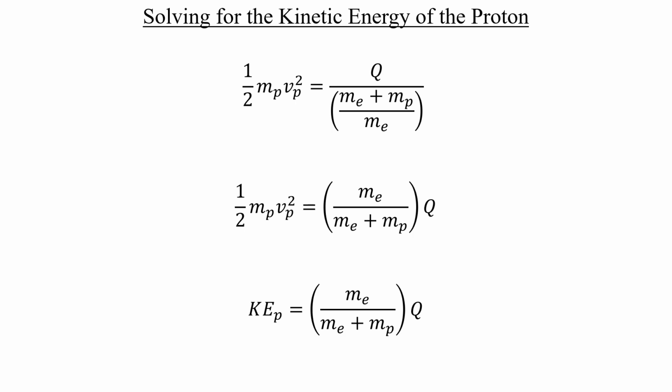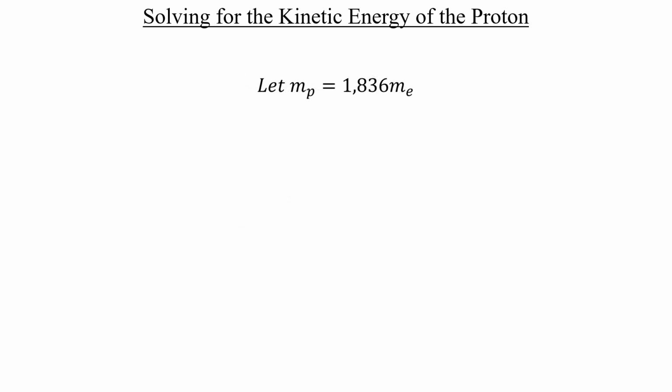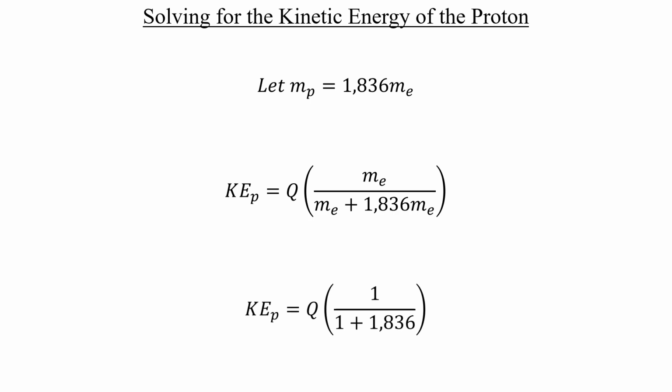In the problem description, we were told that the mass of the proton is 1,836 times larger than the mass of the electron. Let's plug that into what we have. The mass of the electron can be divided out completely, and from there we can continue using pure numbers inside the parentheses.